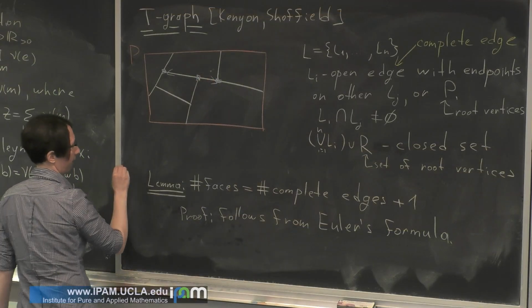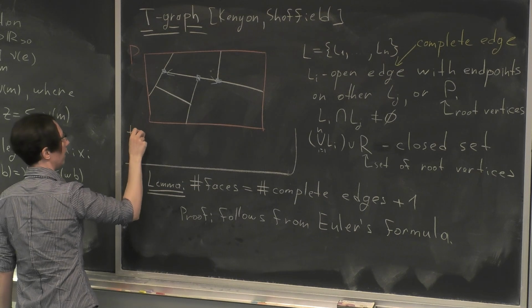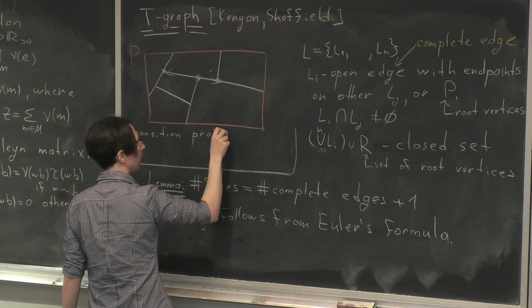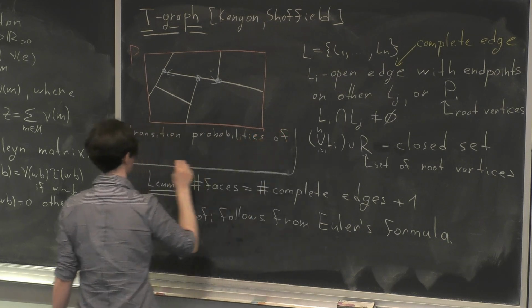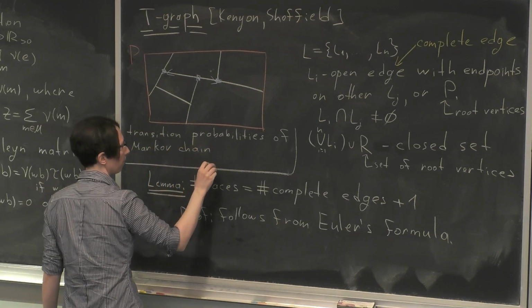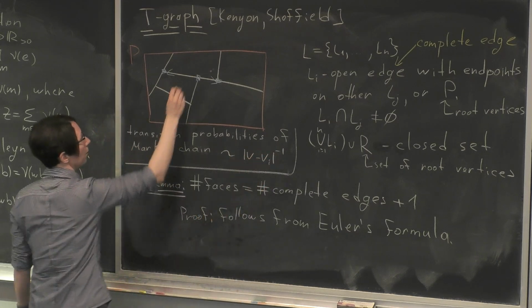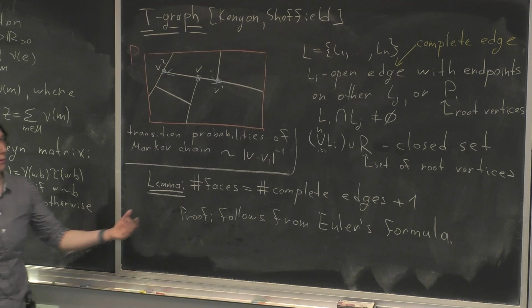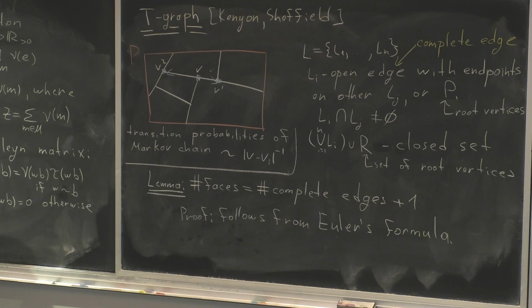So if this is vertex V, then it has two possibilities, to go to the right or to the left, with probabilities proportional to the inverse of the Euclidean length of the corresponding edge.